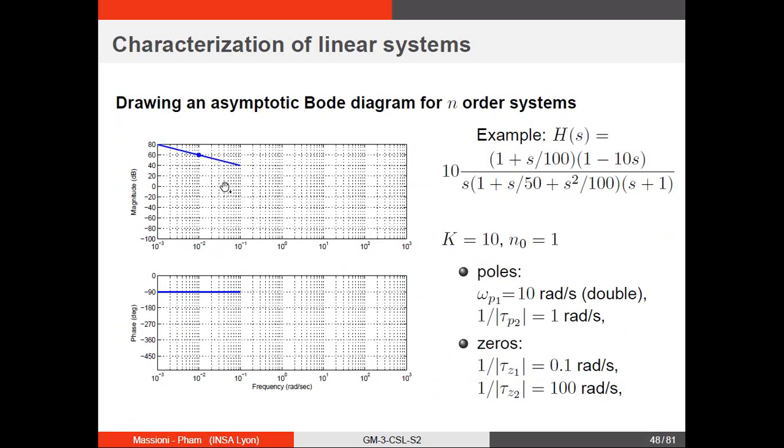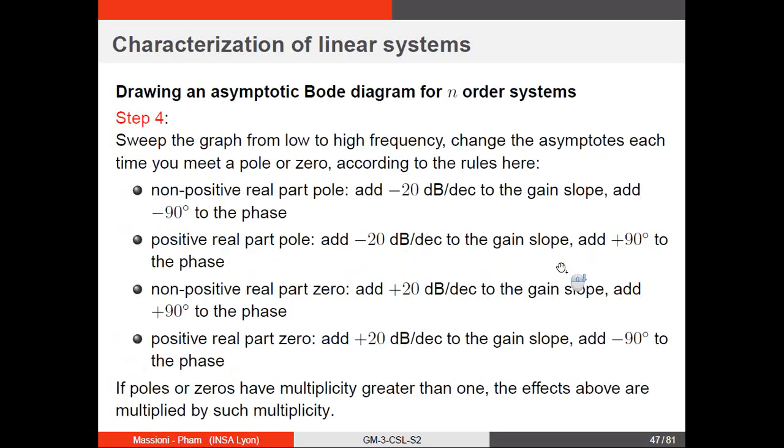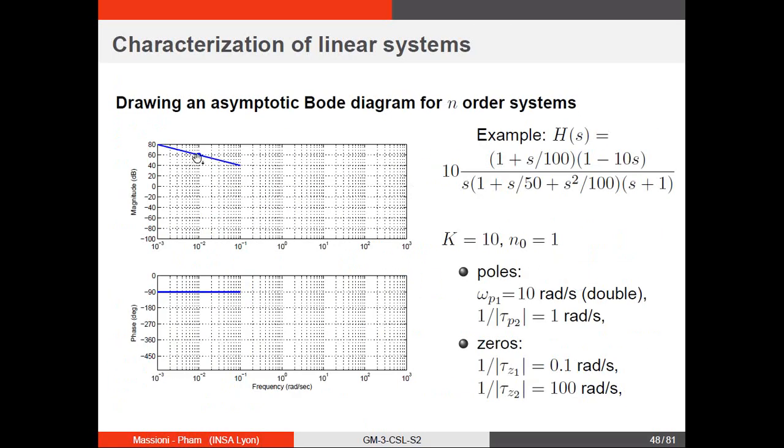So for example, if we take 10 to the power minus 2, then the log in base 10 is minus 2. Then we get 40 here plus 20 log 10 of 10, so plus 20. So sorry, we get 60 dB. Okay, so you fix one point and then you know the slope and you get this line.